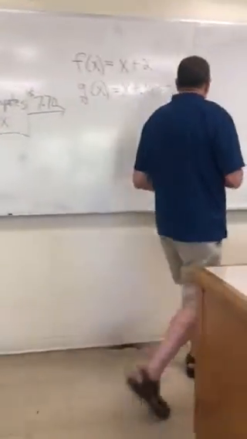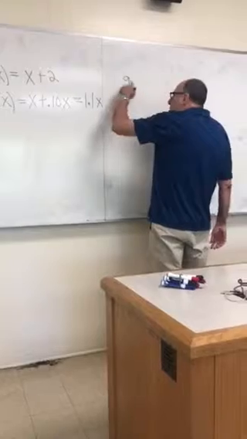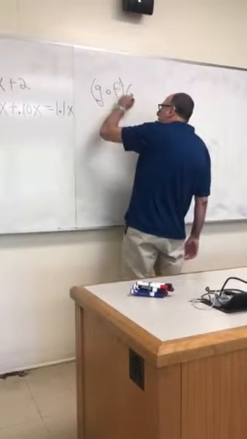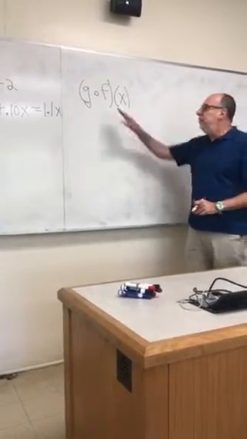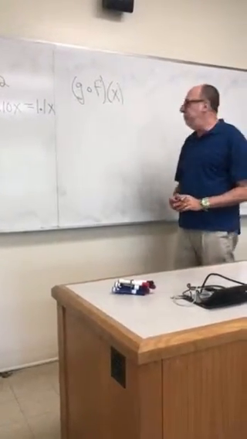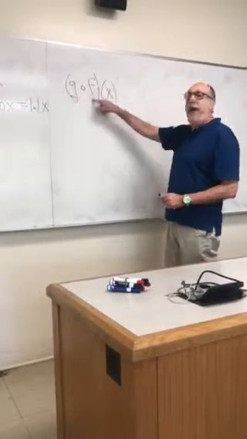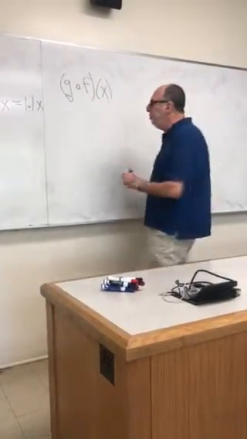Now, how could we do in algebra what we did here for the sundae? Okay, so what we're going to do first is, we're going to look at something, g circle f of x. So this is a little circle here. It does not mean multiplication, okay? This means g of f of x. So again, this is function composition.